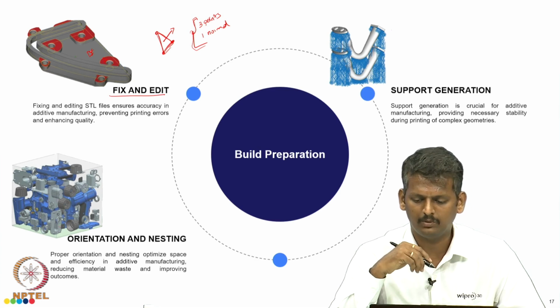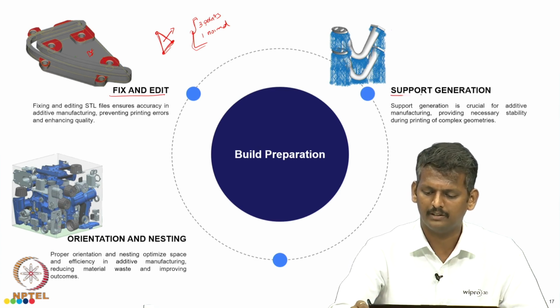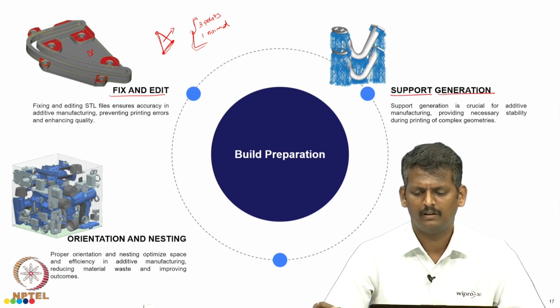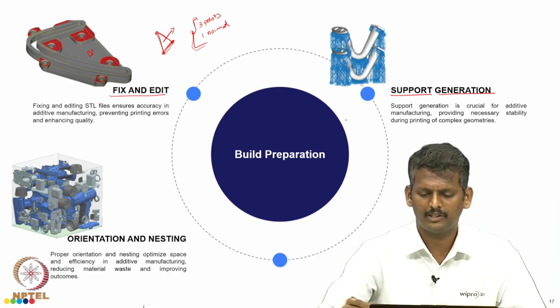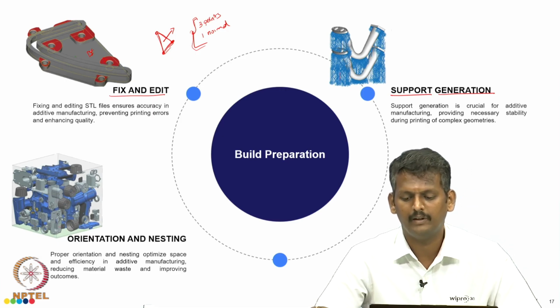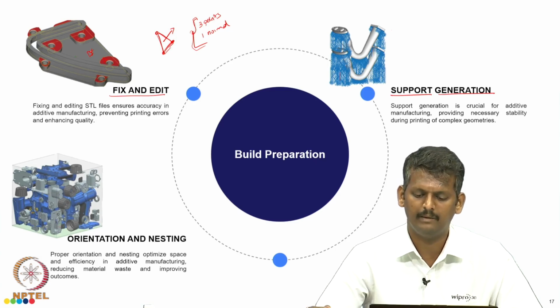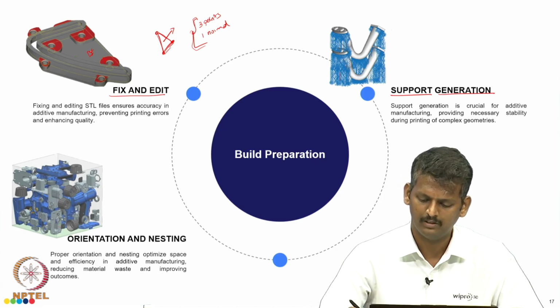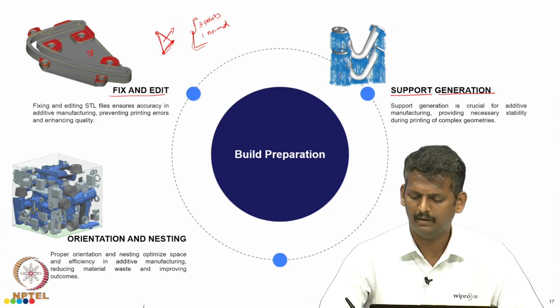And coming to the next one, that is support generation. Here you can see this particular support generation is feasible for LPBF technology, but when it comes to DLP or SLA kind of technology, it will have multiple pillars, and in the end it will have an angled support.